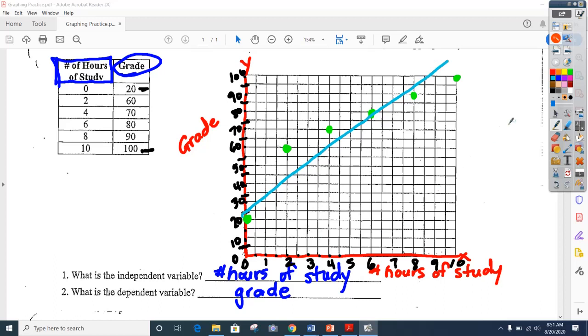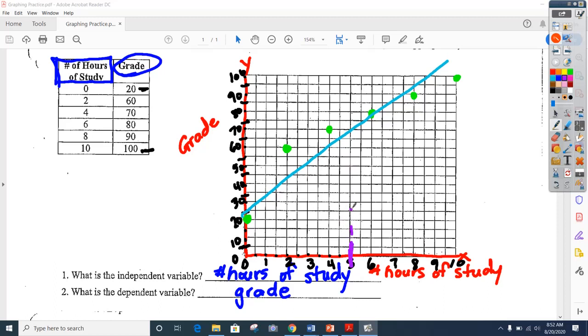Okay, let's go through our vocabulary. So you need to be able to look at this graph and be able to tell me whether I'm asking you to interpolate or extrapolate. So let's switch to a purple color. Let's say I asked you to predict the student's grade if this person studied for 5 hours.